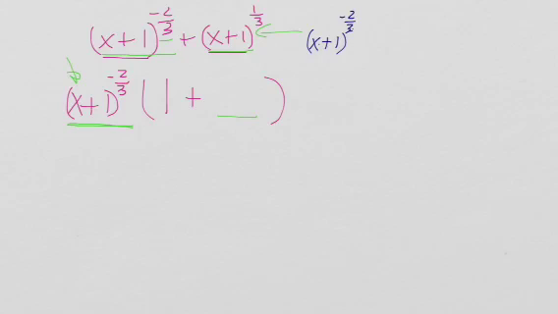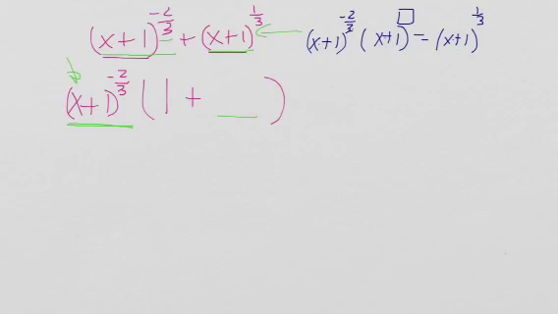And I know I have to multiply that by x plus 1 to some exponent, so that I end up with x plus 1 to the 1/3.